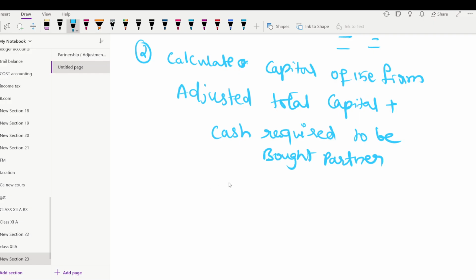First, you have to check what is the cash required to run the business. It is given in the question. Minus, you have to check cash available.